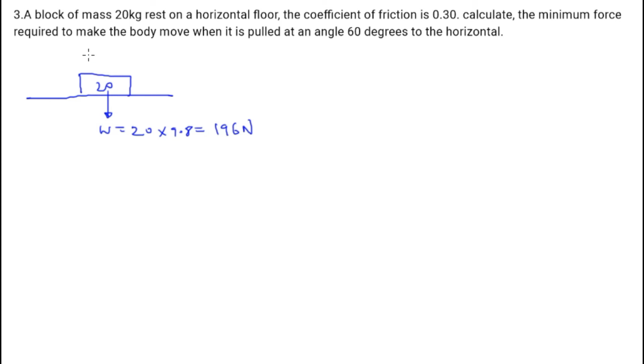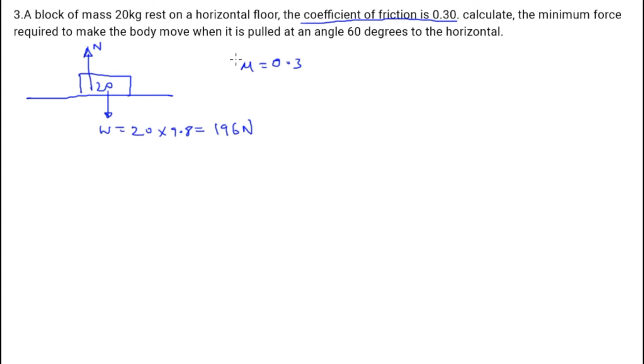Then there will be a normal force. The coefficient of friction is this. That means mu is equal to 0.3. Mu is a constant, it has no unit.